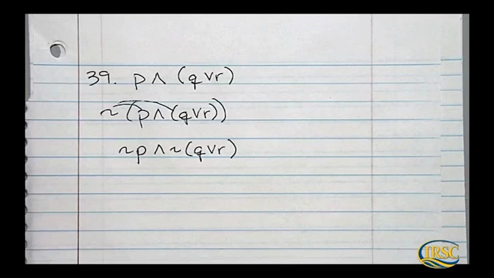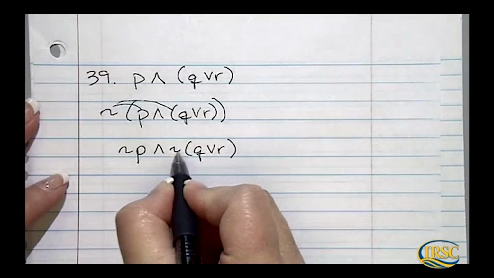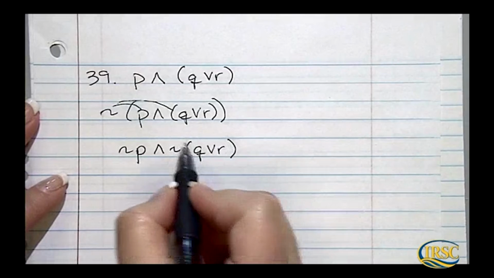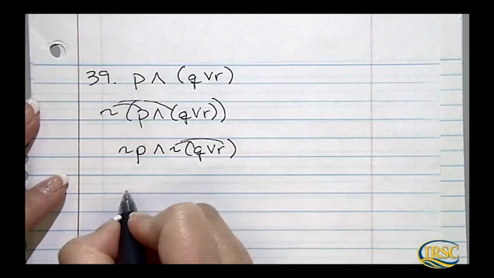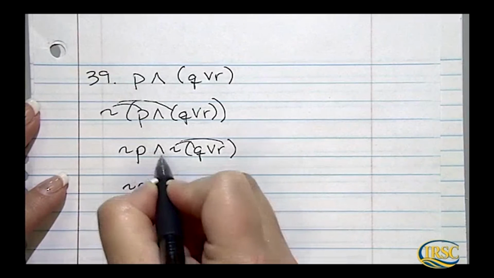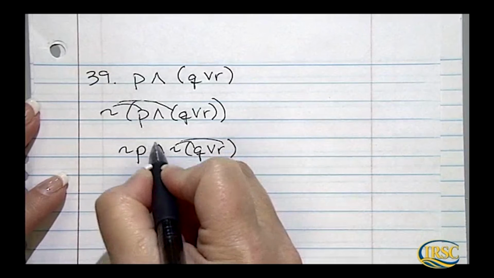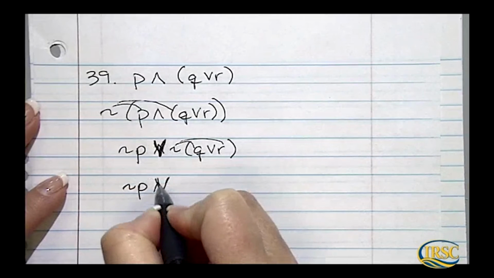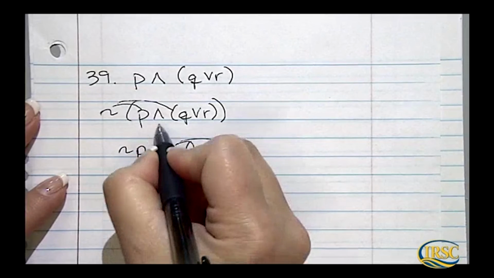Okay, but now we have another negation outside of parentheses, so now we can do De Morgan's law again. And so we have not P and then, oops, I never flipped this. Nobody said anything. Okay, this should be an or, and this should be an or. So that needed to flip right here.